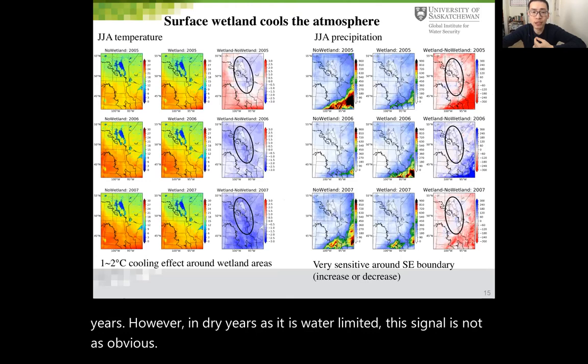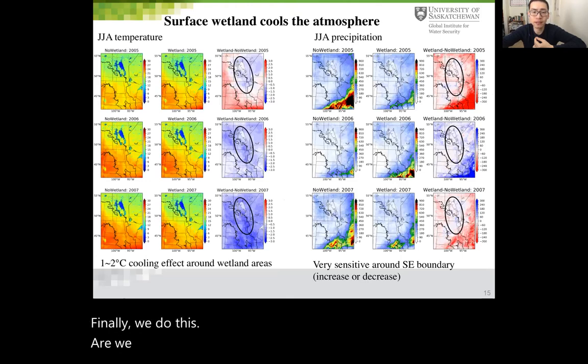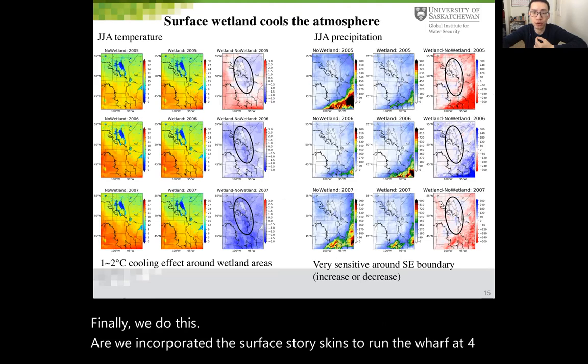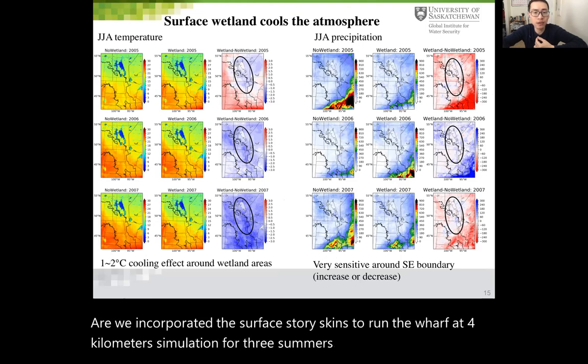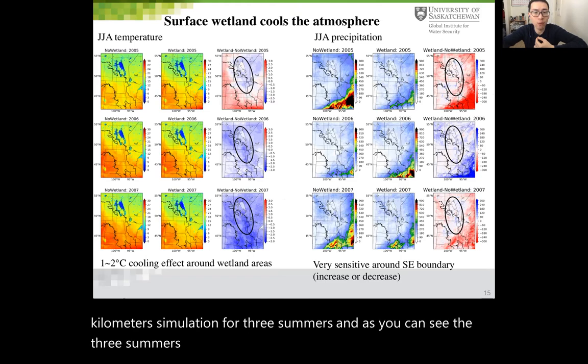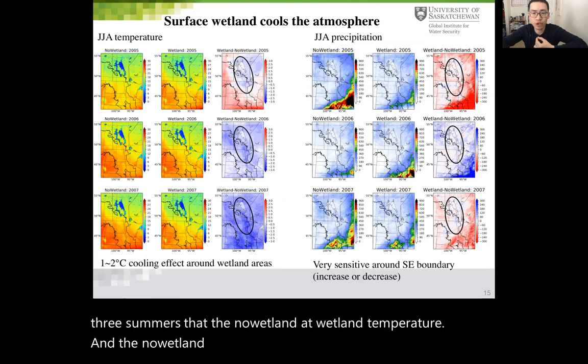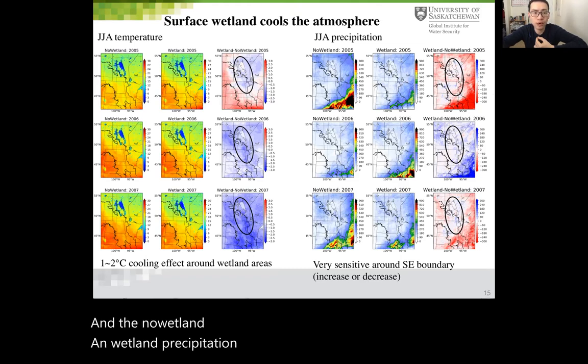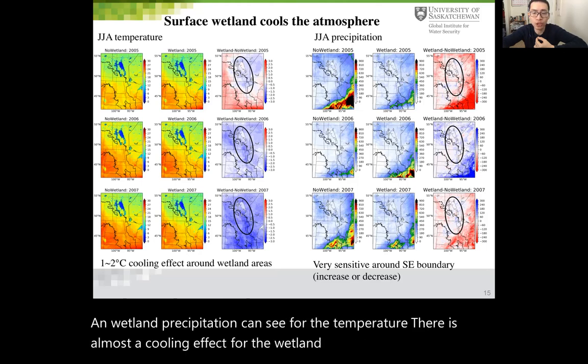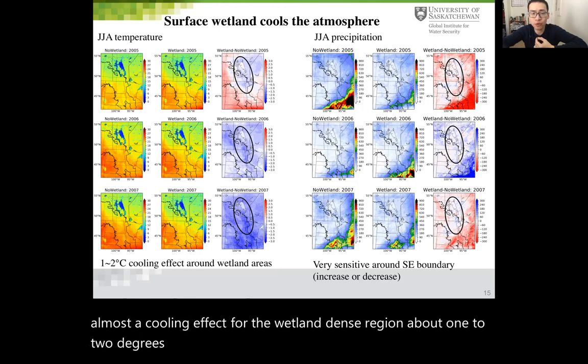Finally, we incorporate the surface storage scheme to run the WRF at 4 kilometer simulation for 3 summers. As you can see for the 3 summers, the no wetland and wetland temperature and the no wetland and wetland precipitation: for temperature, there is almost a cooling effect for the wetland dense region, about 1 to 2 degrees, while for precipitation the impact is hard to tell.